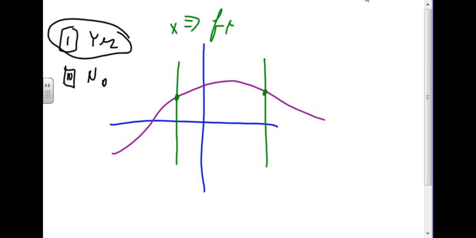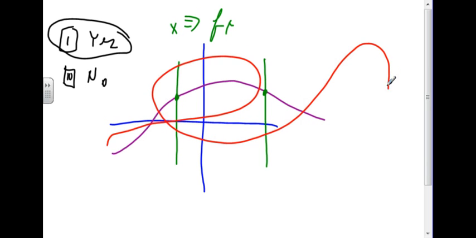If I had a curve that looked like this, that is not a function, because when I come here at some x, I've got 1, 2, 3 different values for f of x. That makes it a non-function. So a function is something that has a one-to-one correspondence with the value f of x, whatever it is.